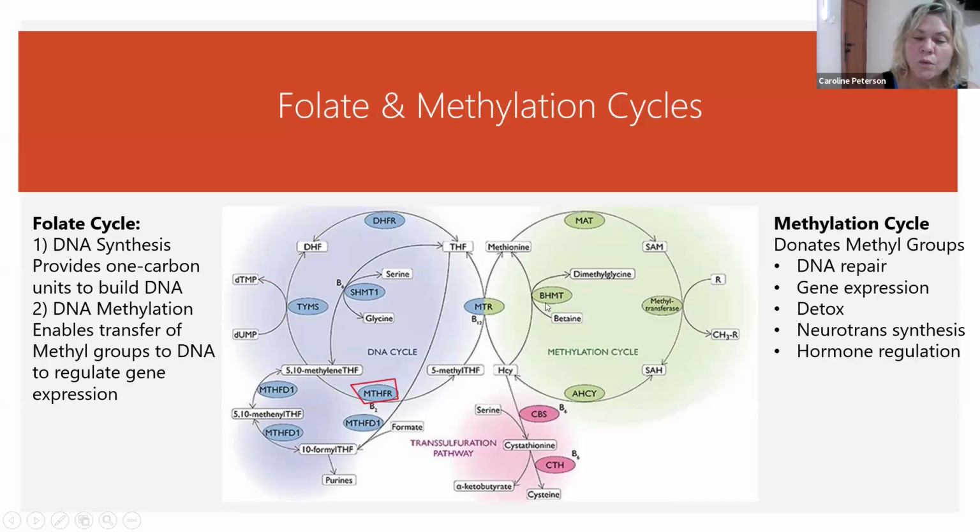And so if you have a genetic SNP in this MTHFR, you have 40 to 70% less swing up here to help to methylate this methylation cycle. And so that's considerable, right?